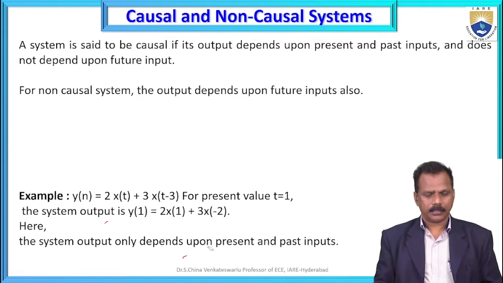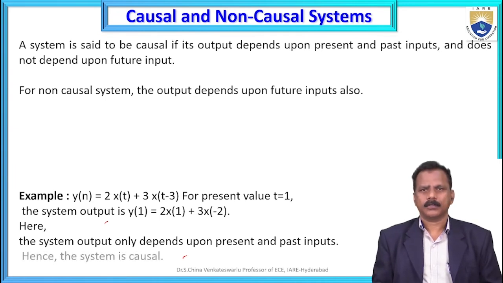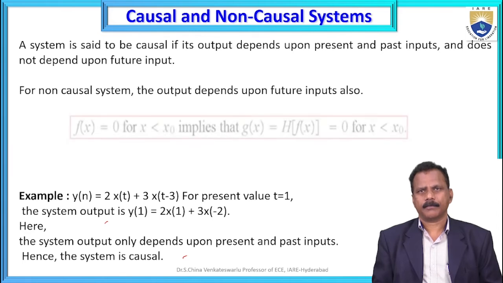That means the system output only depends upon present and past inputs. Now you can decide the thing: hence the system is a causal system.